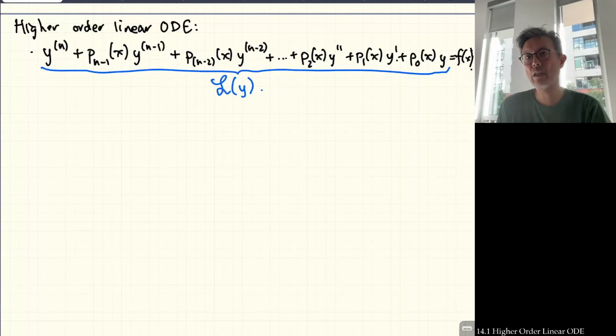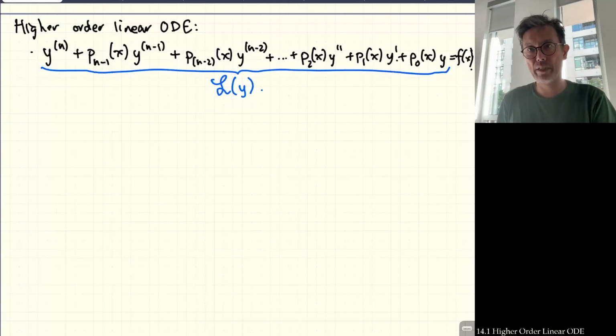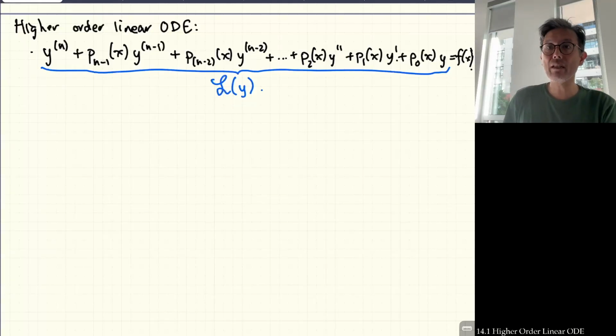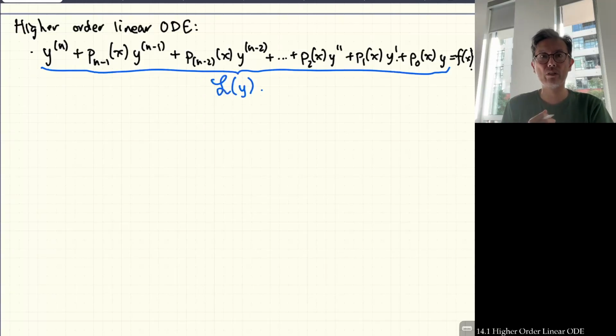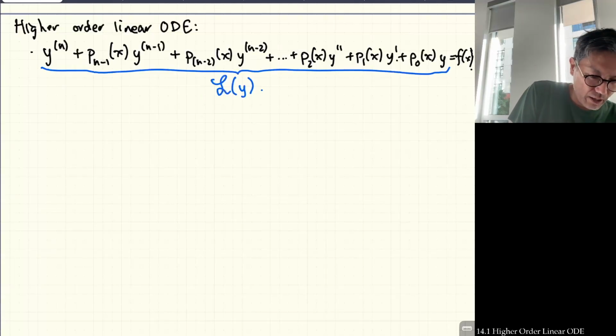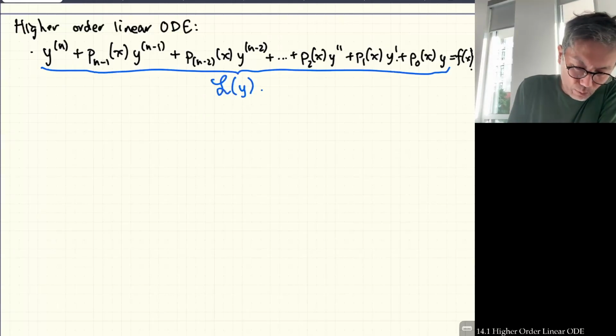Now, I also used another word. I said that this operator is a linear operator. And what that means is that essentially it obeys the superposition principle. Okay, so I'm going to state the superposition principles for higher order linear ODEs using this notation. And I hope you'll see what I'm trying to get at here. So what is the superposition principle?